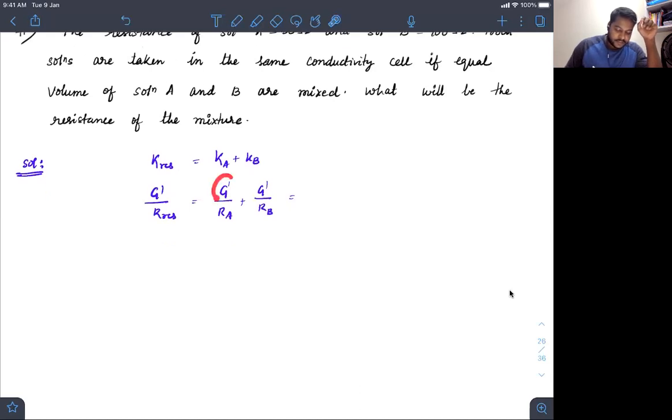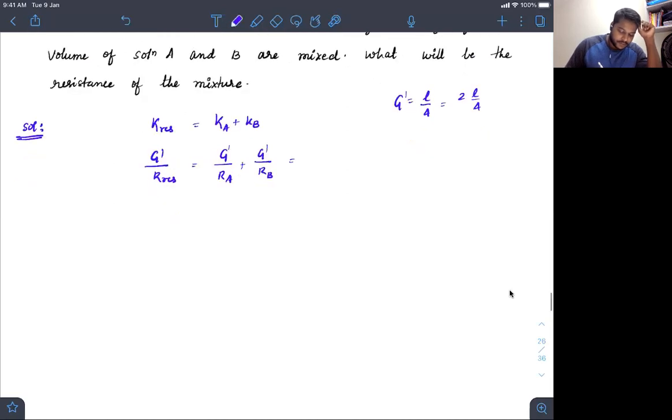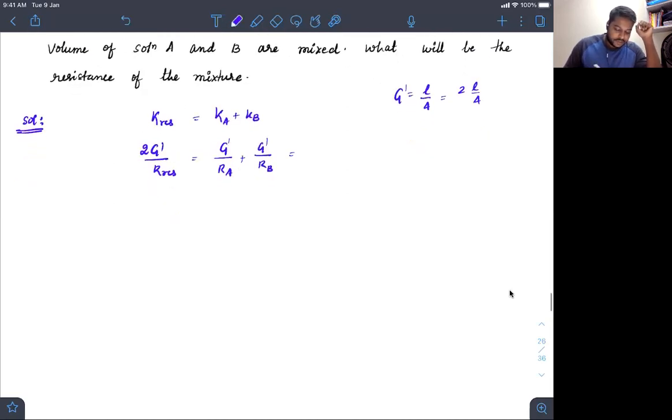The only thing you need to check here is G dash, which is normally L by A. Here A has been increased twice because the area is increased 2 times. So G dash will be 2 times of L by A. That's how we write this as 2 times G dash.